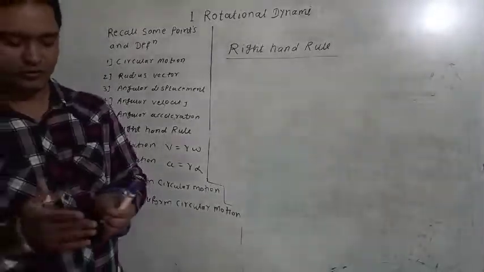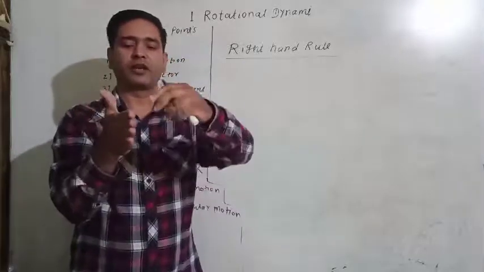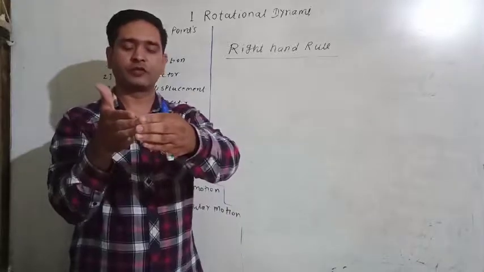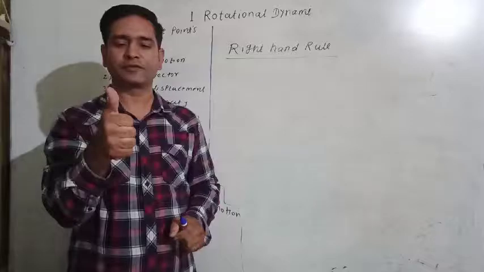was already discussed. Suppose this is the right hand, these are the four fingers and this is the thumb. Imagine these fingers are curved like this.